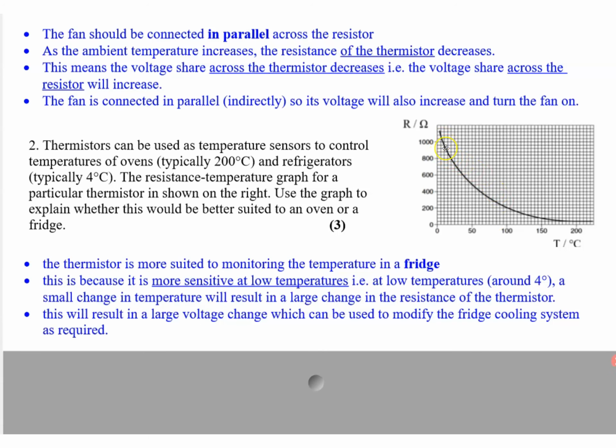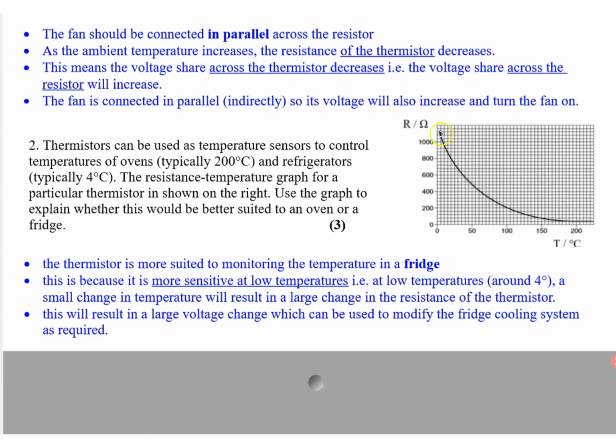Question 2 is about sensitivity. So we can see there's a steep gradient here and a shallow gradient here. So if we imagine this would be used in an oven at 200 degrees C, then the temperature could vary significantly and there'll be very little variation in the resistance. So that would not be effective.